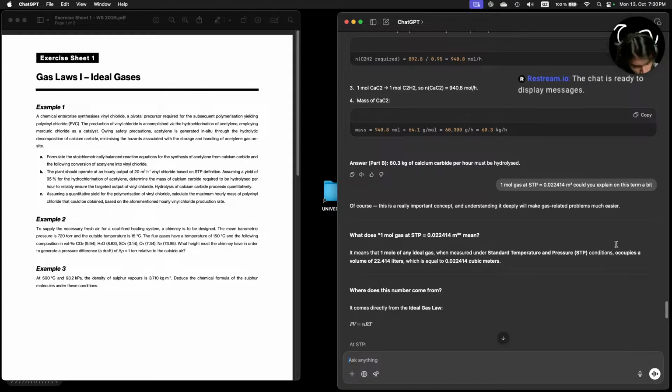One mole of ideal gas at STP occupies a volume of 22.414 liters.